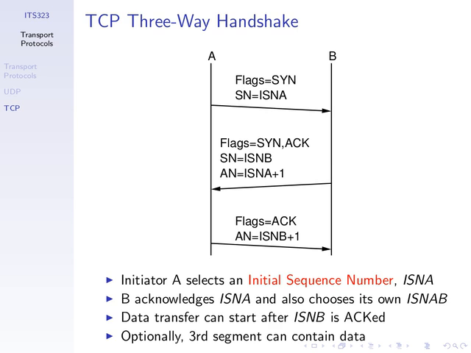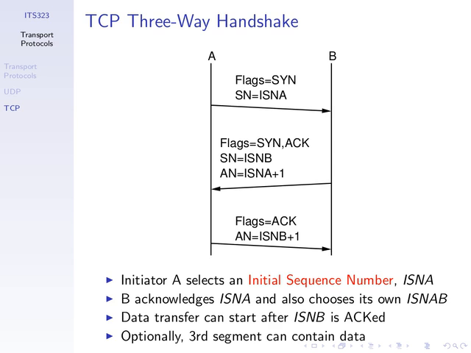So optionally, this last TCP segment could include some data, 1,000 bytes, for example, and it would include a sequence number. What sequence number? 362. So we don't have to have the data, but we can have it.